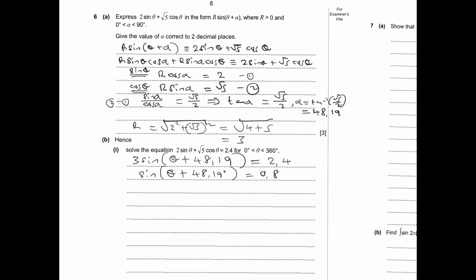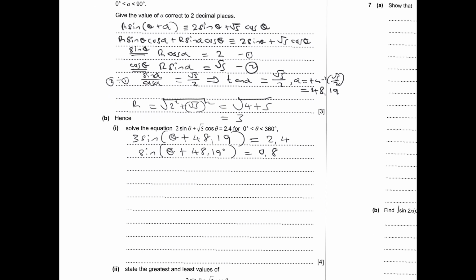Now solving that, we don't want a complicated part of this, especially this bracket here. So let's say the bracket is equal to y. So we could say let y be equal to theta plus 48.19.